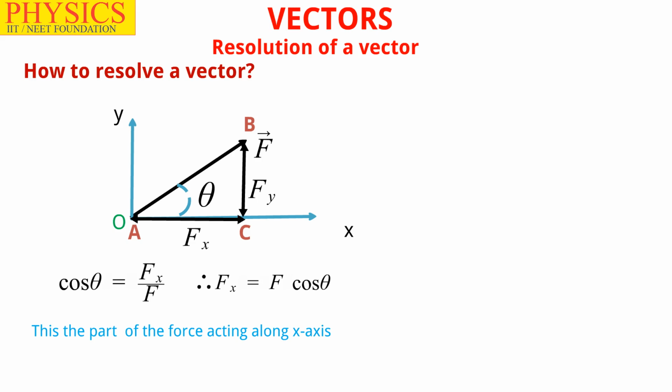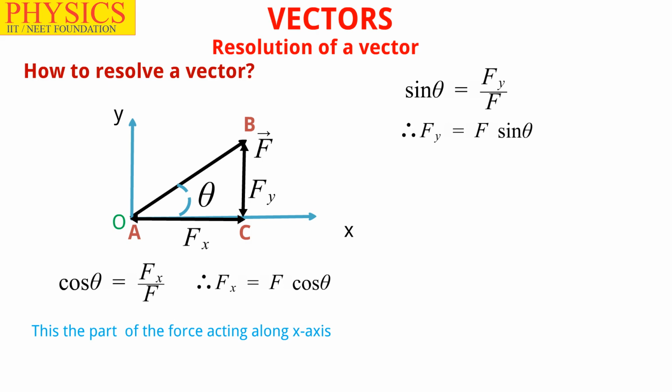The part of the force acting along the y direction is also calculated from the triangle ABC. Sin theta is equal to fy by f. From this, fy is equal to f sin theta.